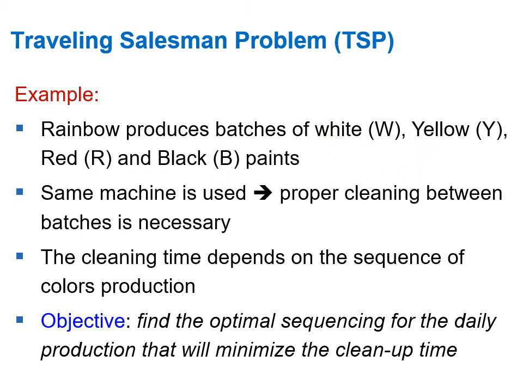colors, you need to clean up the machines before you change from one batch to another. Because if you do not clean up, for example, you assume you produced red items, and then you change the batch from red to white, because of the remaining paint on the machine, which is red, the white does not appear to be pure white, but it becomes something like pink.